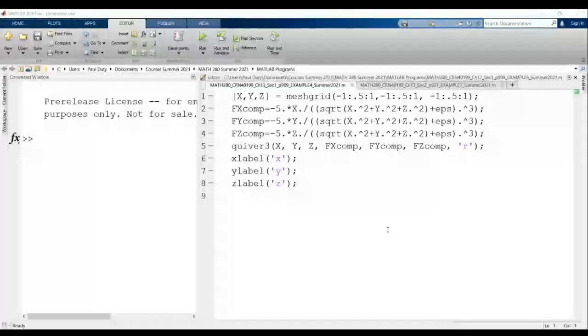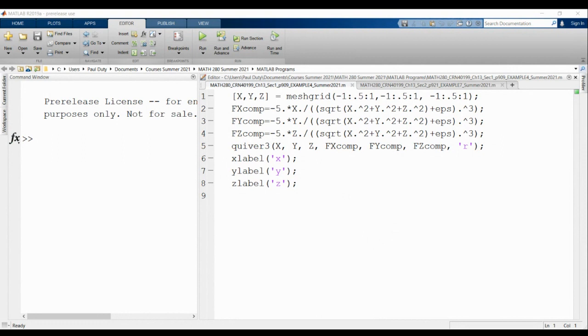So let me show you here. Let me go back into MATLAB. Here's the program. I choose to have -5 times x, -5 times y, -5 times z in my numerators. And I'm using what's called dot notation before every operator.